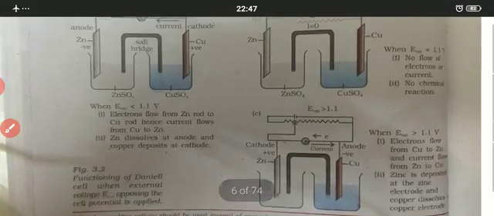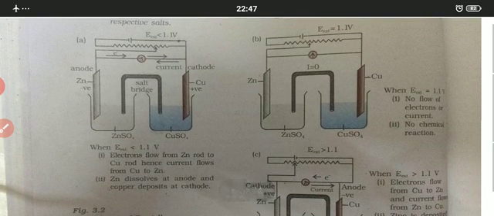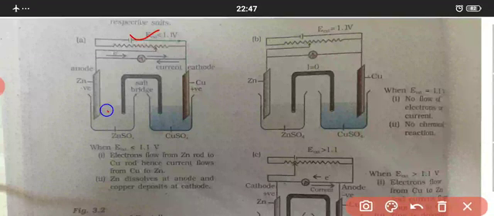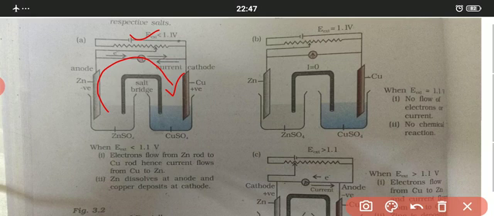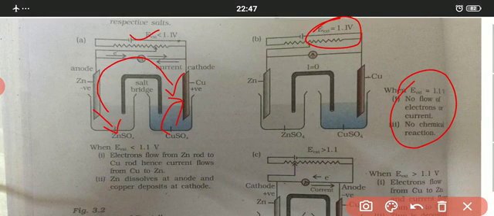These three conditions are very important. If the external voltage is less than 1.1 volt, then what happens? Electrons move from zinc to copper, the amount of zinc reduces and copper is deposited on the copper electrode. When the external voltage is equal to 1.1 volt, there is no flow of electrons and no chemical change.